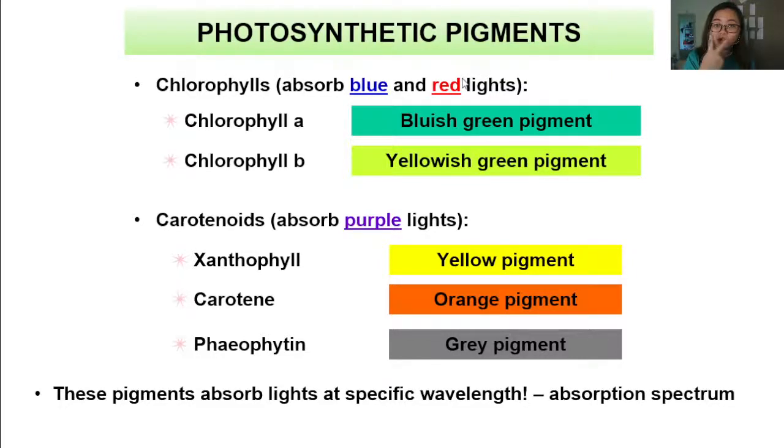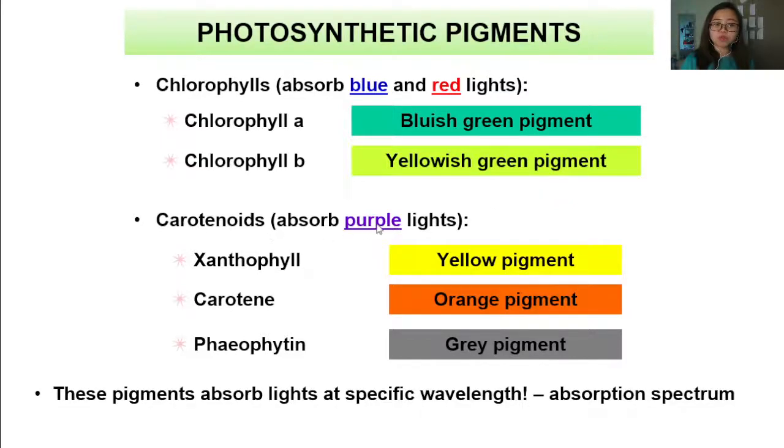Bila kita tengok dengan mata kasar, ataupun melalui mikroskop, bila kita tengok chlorophyll A tersebut, dia akan kelihatan bluish-green, hijau biru. Whereas chlorophyll B will also absorb blue and red light, but it will reflect and appear as a yellowish-green pigment.